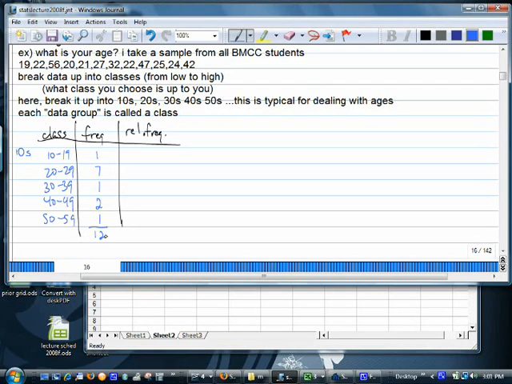And the relative frequency for the next class is 7 out of 12. Well, you know what? It's etc. So let me just write all these in. Okay. And because I'm going to want these later, I'm going to put in the decimal for the relative frequency.